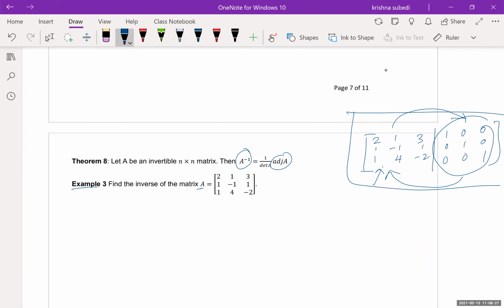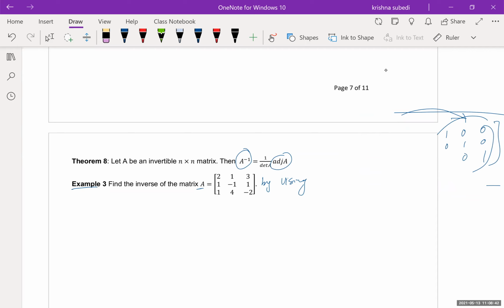Find the inverse of the matrix by using the adjoint, by using theorem 8, by using this formula: A inverse equals 1 over determinant of A times the adjoint of A, or adjugate.